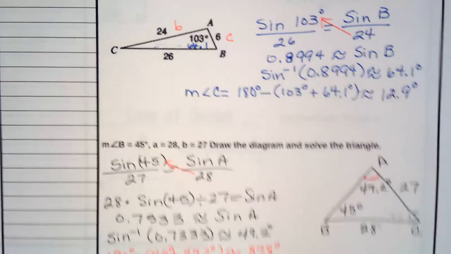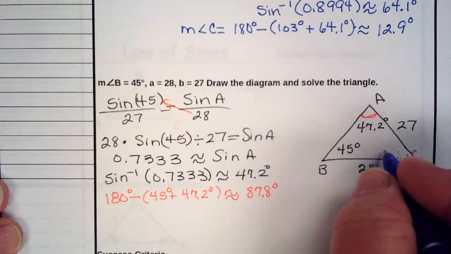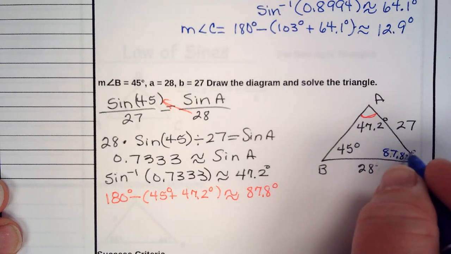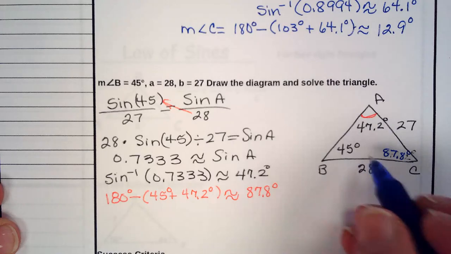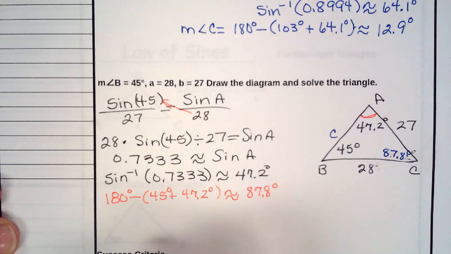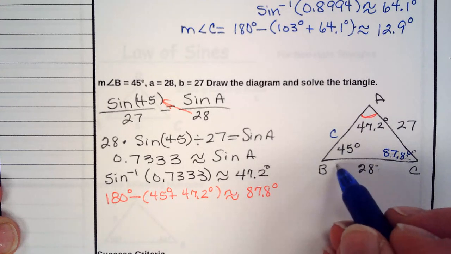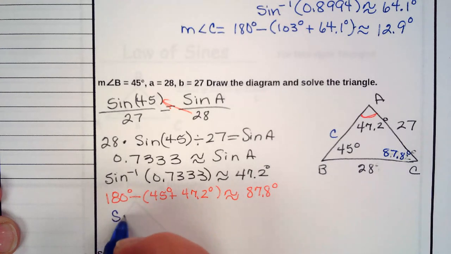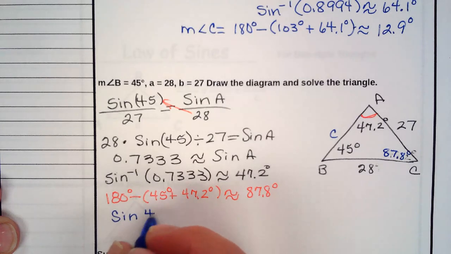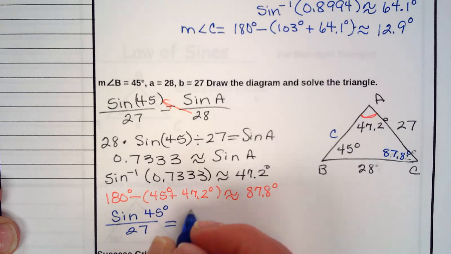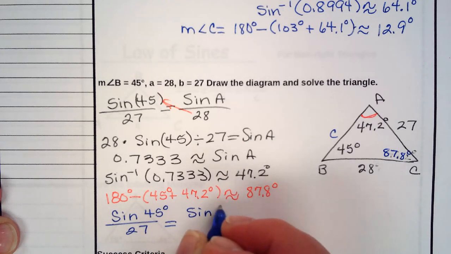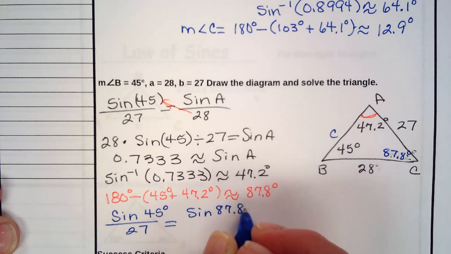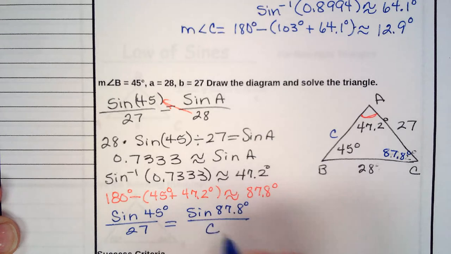Well, I've got to use this to find side C. So I still start with the one that I know, which is angle B and side B. So the sine of 45 degrees over 27 is equal to the sine of 87.8 degrees over C. Multiply at your diagonal.